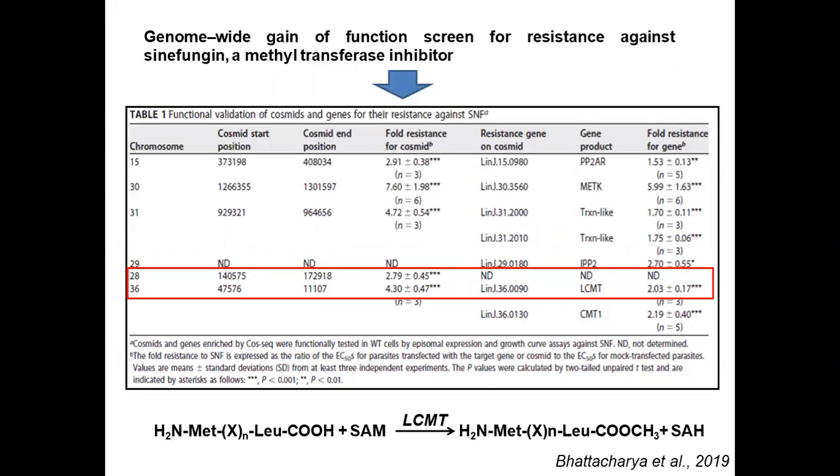This enzyme transfers a methyl group to the C-terminus carboxyl group of any polypeptide that ends in leucine. So these leucine-containing polypeptides are methylated by this enzyme, and this methylation leads to regulation of the enzymatic activity or other function of these proteins.